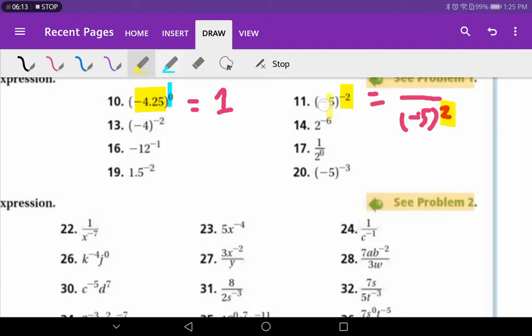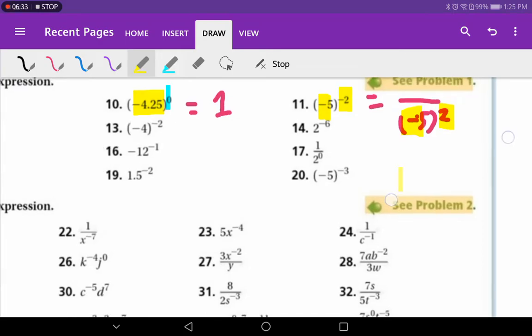But teacher, this is negative, still negative? Yes. And every time, if the power is an even number, 2, 4, 6, 8, whatever the sign of the base, it will be positive.